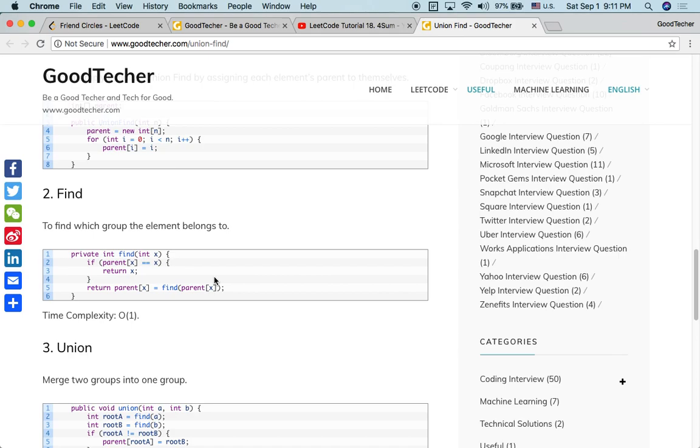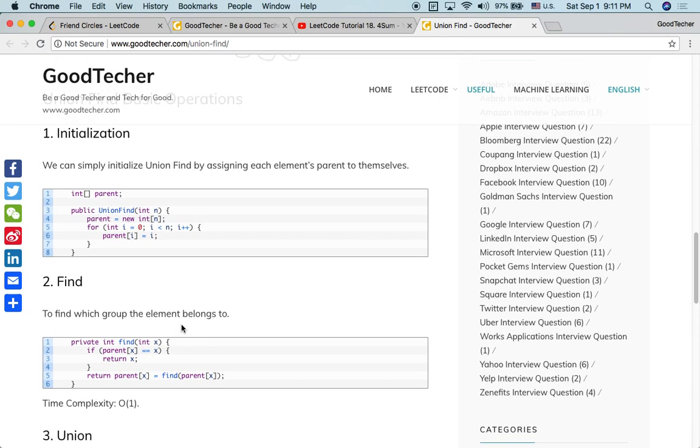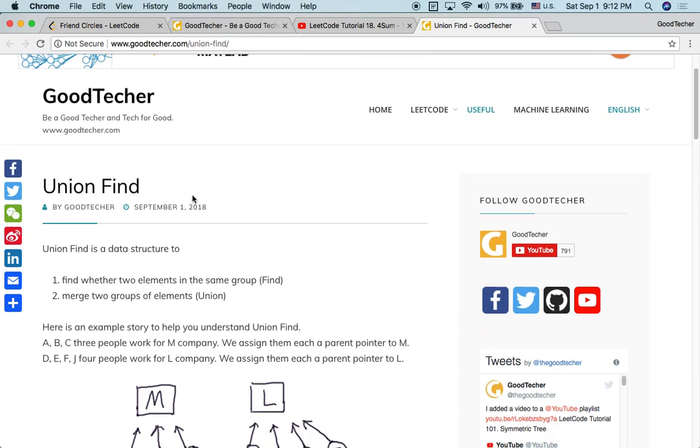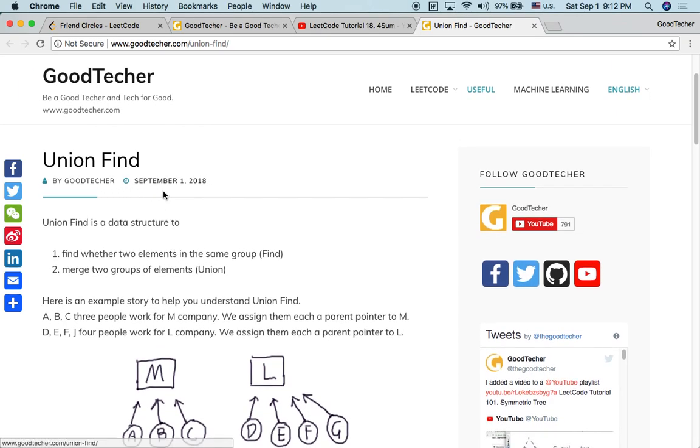I already wrote some template code in this article, so you can come to read it and look at how to implement union find in code.